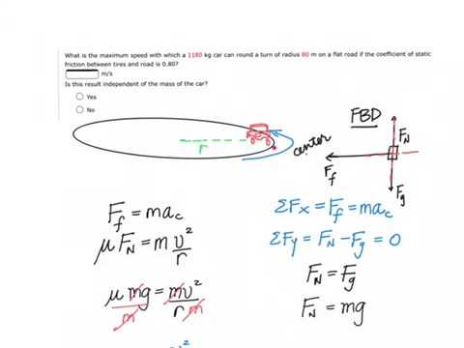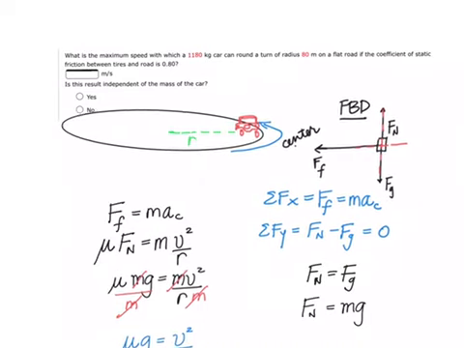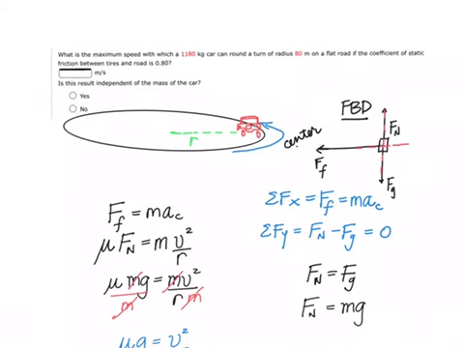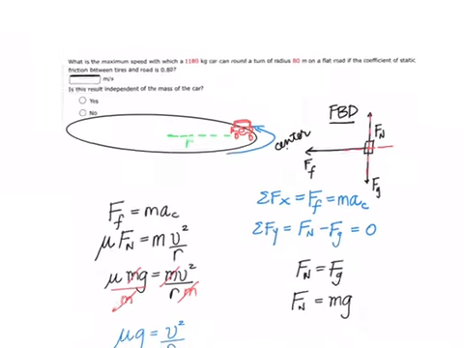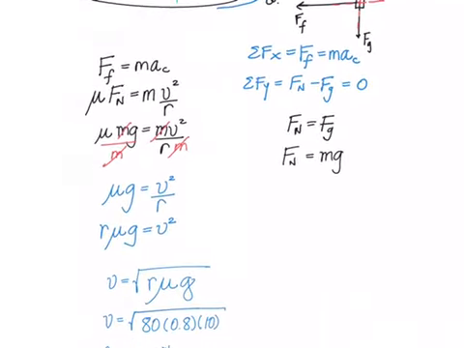So I just drew a little picture here. Drew a free body diagram, summed the forces in the x direction and in the y direction. We made some connections with the forces, and set the normal force equal to the weight.